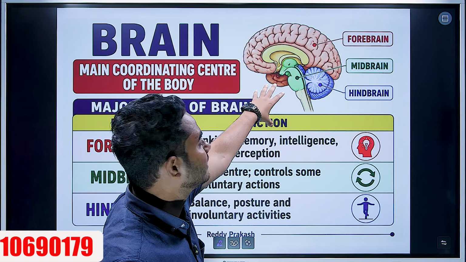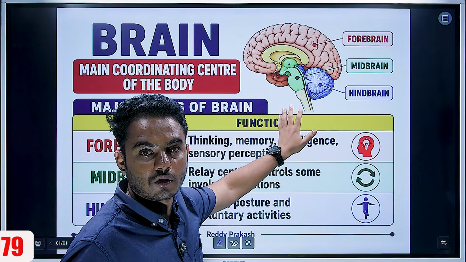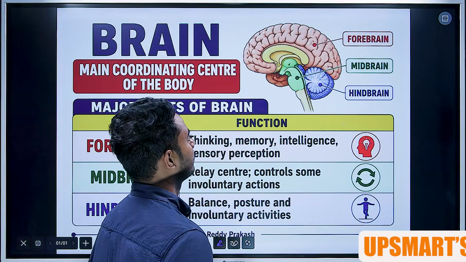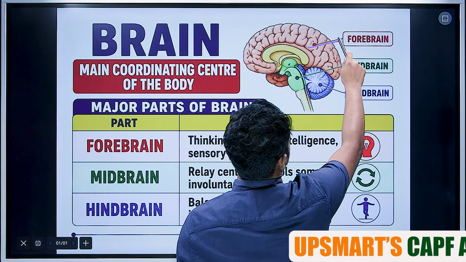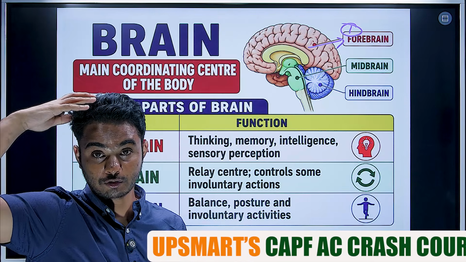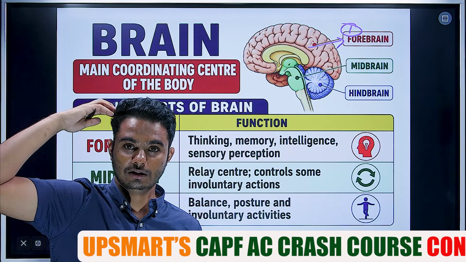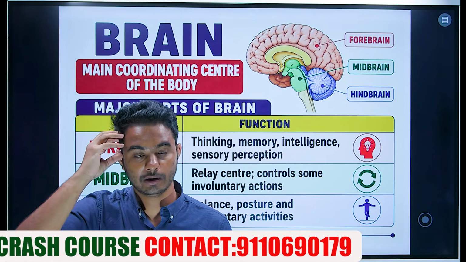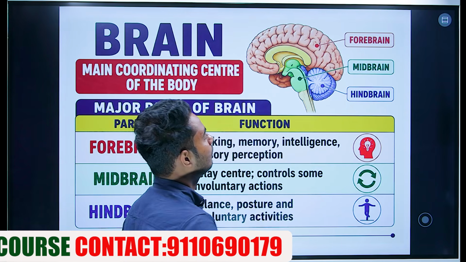This is the human brain, right? Saw it thousands or lakhs of times in our life. So the first one which comes is the forebrain, our topmost one. We will have the skull, the bone, and below that is the forebrain, and below that we'll have two.